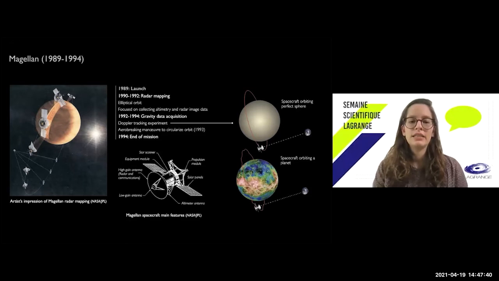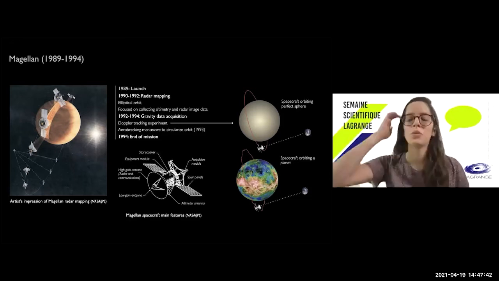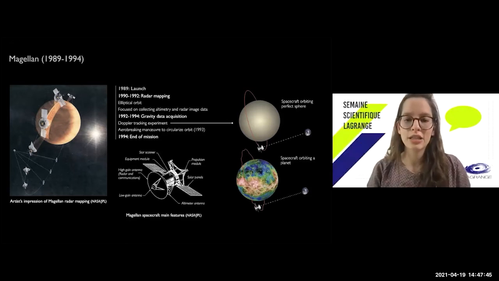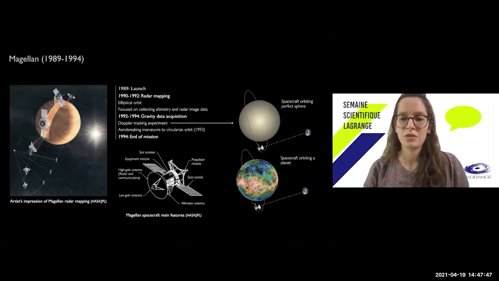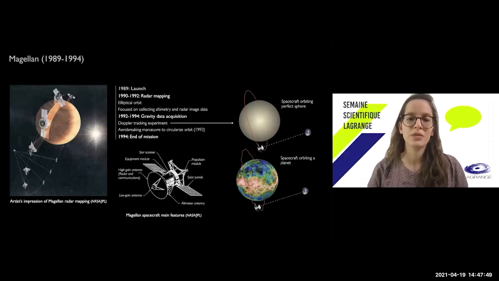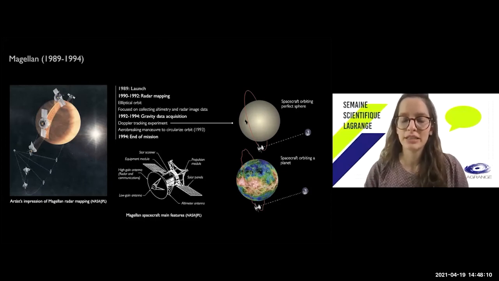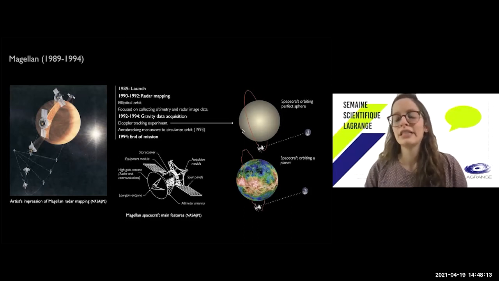In a gravity experiment, what they do is use the communication of the satellite, the probe, with Earth, and we know that there is a specific frequency, and when the spacecraft orbits around the planet, we'll have some Doppler shifts, right? Because there are some accelerations, and these Doppler shifts will be recorded as frequency changes on Earth. And here I'm showing the case for a perfect circular orbit around a perfect sphere.